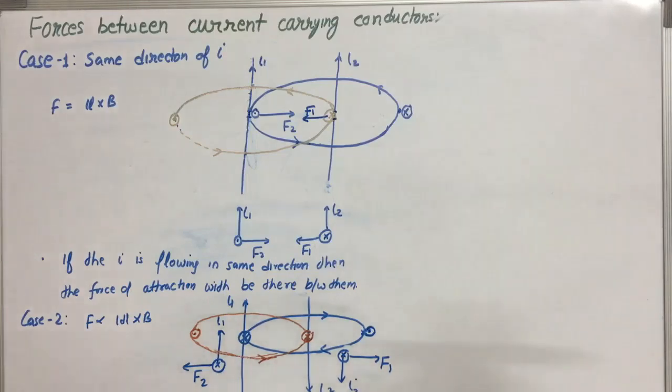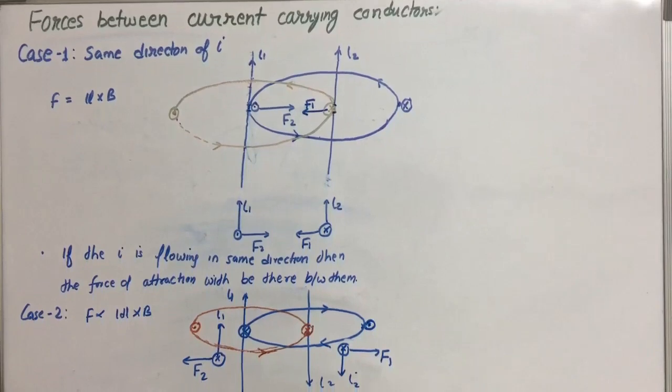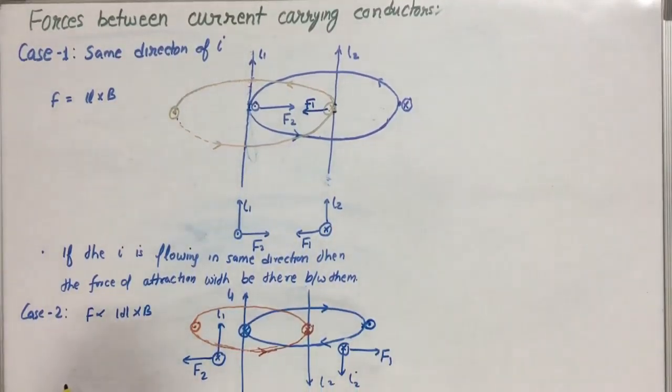So regarding that, we can write one sentence. Let me make it quite clear. We can write that the force between the conductors is repulsive when they are carrying current in opposite directions.